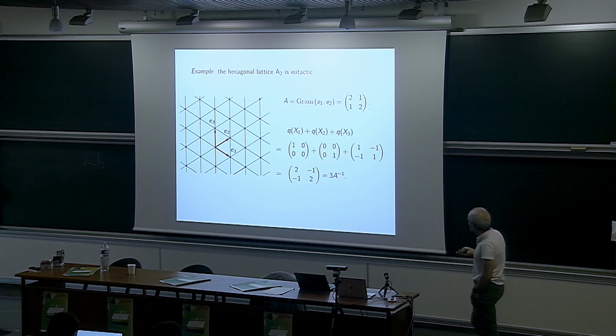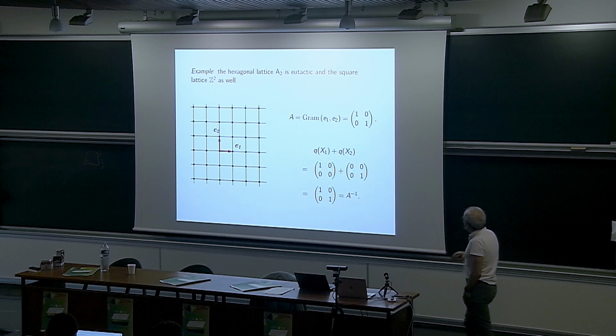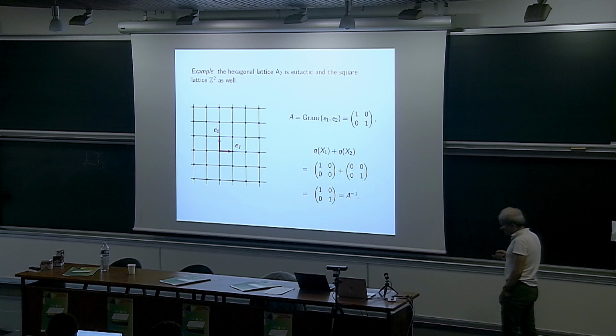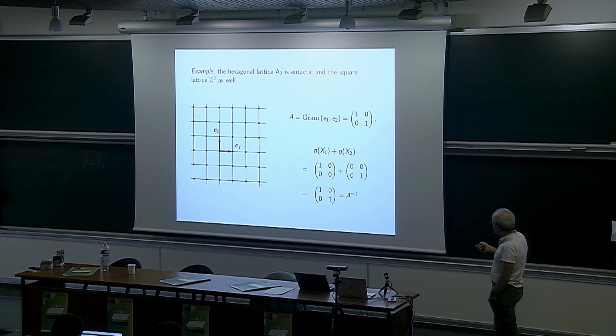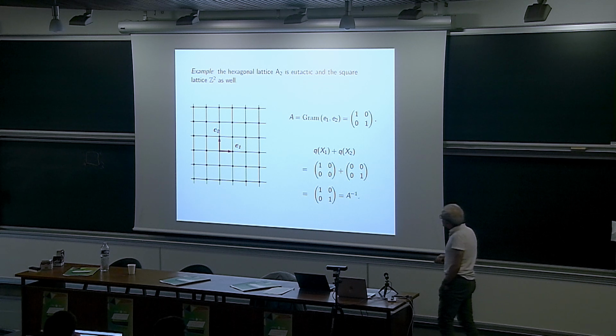Just a computation. And contrarily to what happened with perfection, the Z2 lattice is eutactic as well, because again, it's a simple computation to check that the inverse of the identity matrix, which is the identity matrix, can be written as a sum of these two rank 1 symmetric forms.